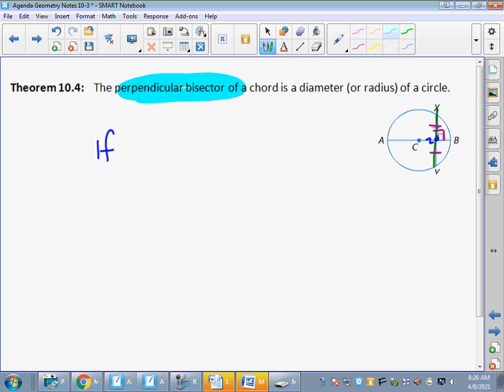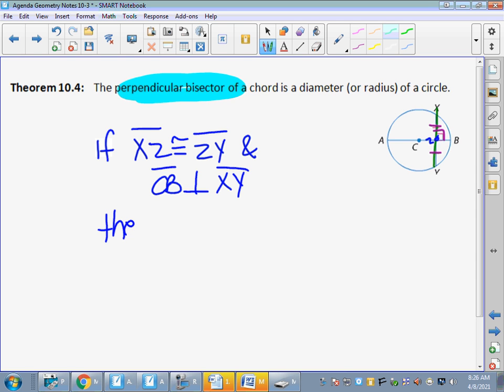If segment XZ is congruent to segment ZY, and CB is perpendicular to XY, then we know that AB is a diameter.